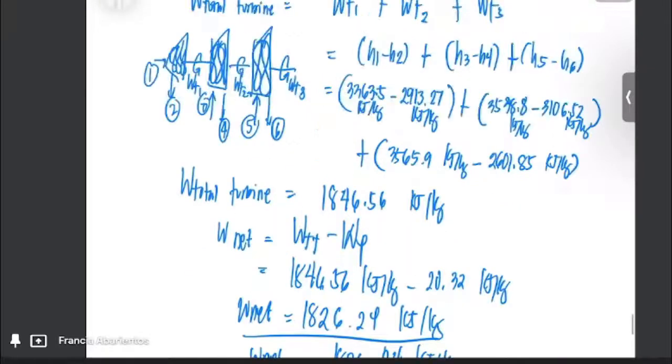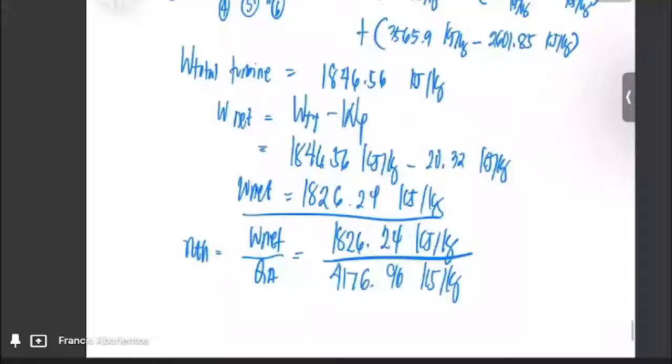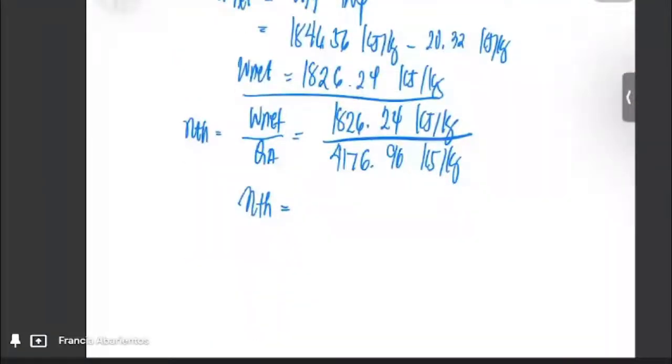So we have now the thermal efficiency at mataas ba, class? 24. And we have now 43.72%.